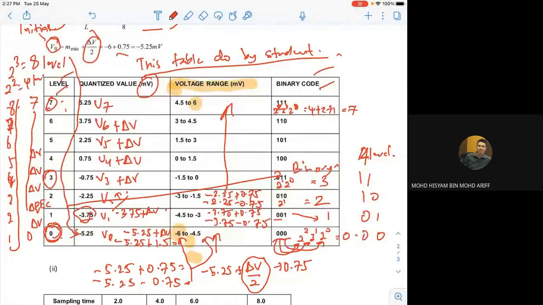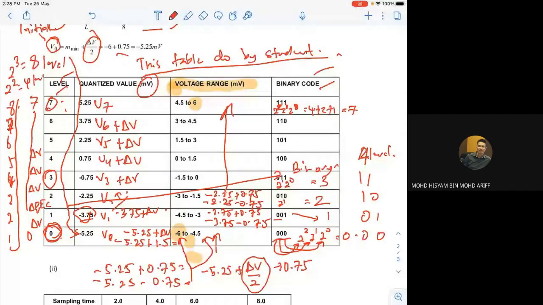Remember, this table is never given to students. You must build it. First, the step is given to you. After you get the step, how many levels? For example, 8 levels start from 0 to 7. If 2 to the power of 2 equals 4 levels, you start from 0 to 3.